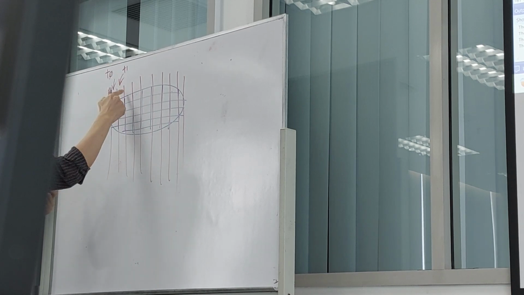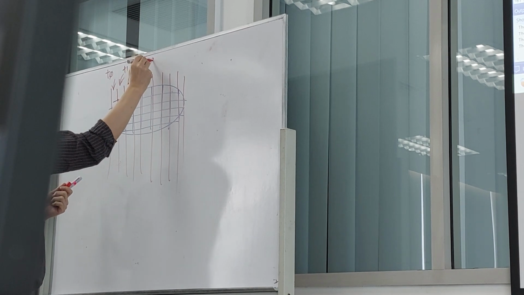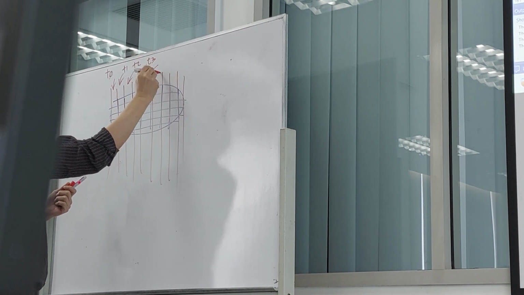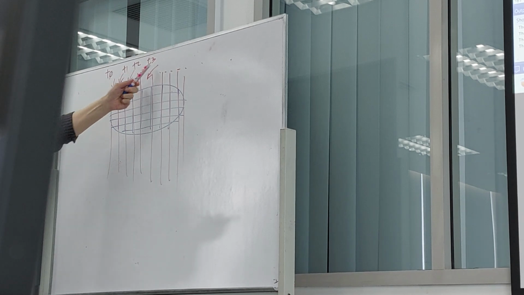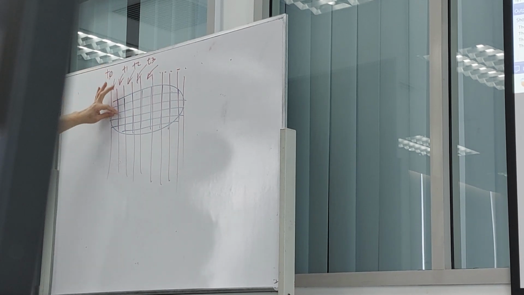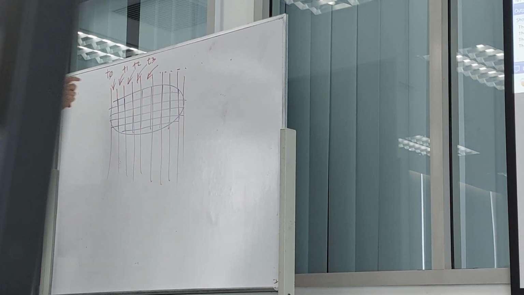Thread 1 counts this, thread 2 counts this, thread 3 counts this, and so on. So I have multiple threads, and each one focuses on one column, or maybe a row. It's up to you.